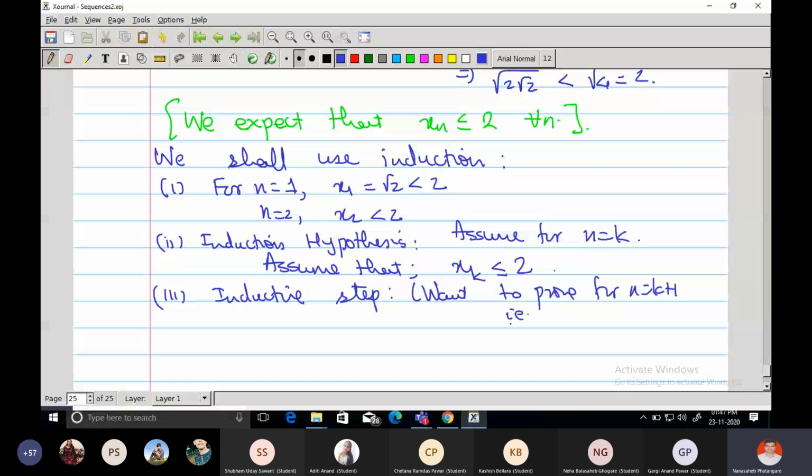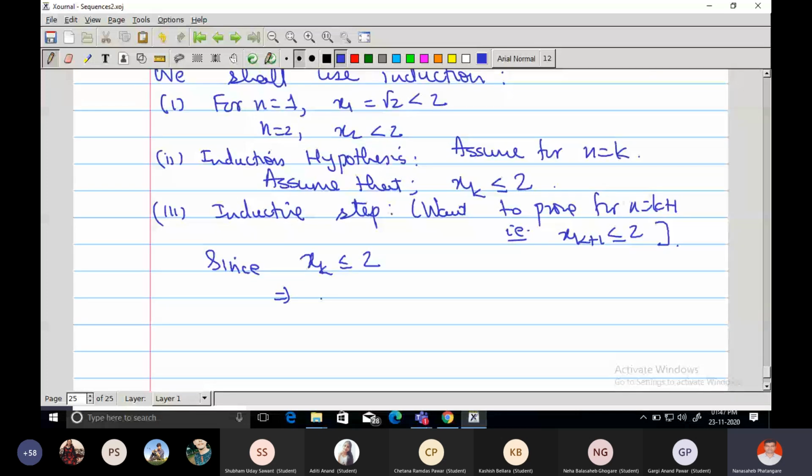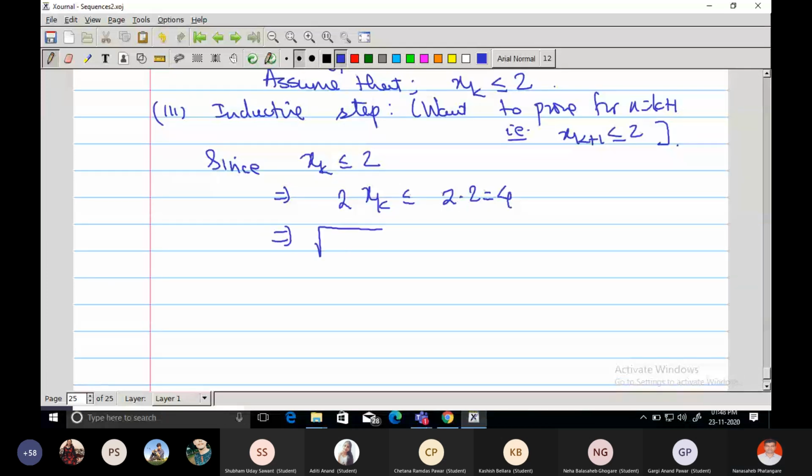So how to prove this? By the induction hypothesis, we are assuming that xk is less than or equal to 2. This is our assumption. Now if I multiply by 2 on both sides, is it true? So what does it mean?